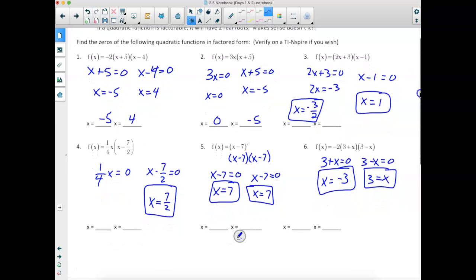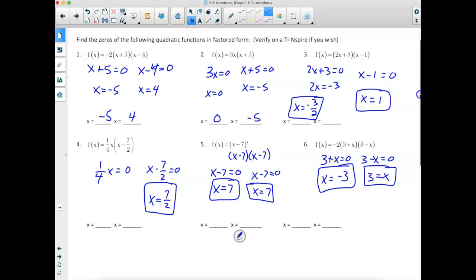Bottom line, a lot of people always say, if I fast forward to some of them, like in number 1, Mr. Kruger, how come you didn't set negative 2 equal to 0? Well, we only set factors equal to 0 that have x's or variables in them, and negative 2 is just a number. It's naked from a variable. It doesn't have one, so therefore we don't care about it in this case.